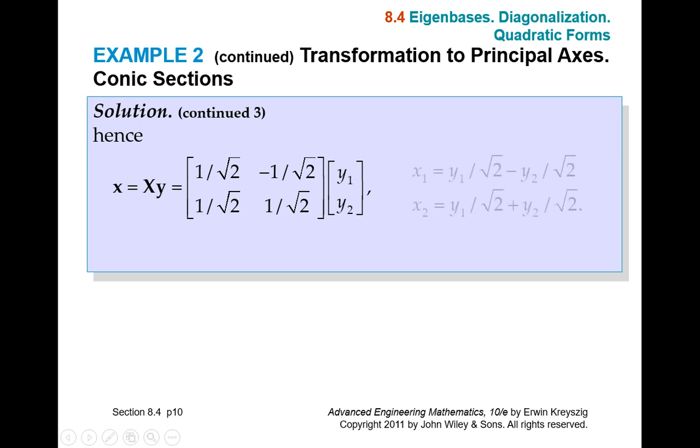This becomes the principal axis, and this is the coordinate transformation from x1, x2 to y1 and y2, or from y to x. So the orientation becomes 45 degrees. So this is all about calculating the transformation to principal axis using the quadratic form.